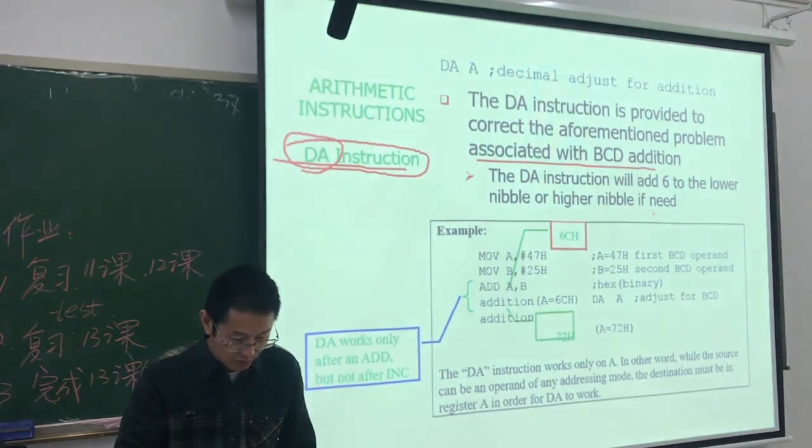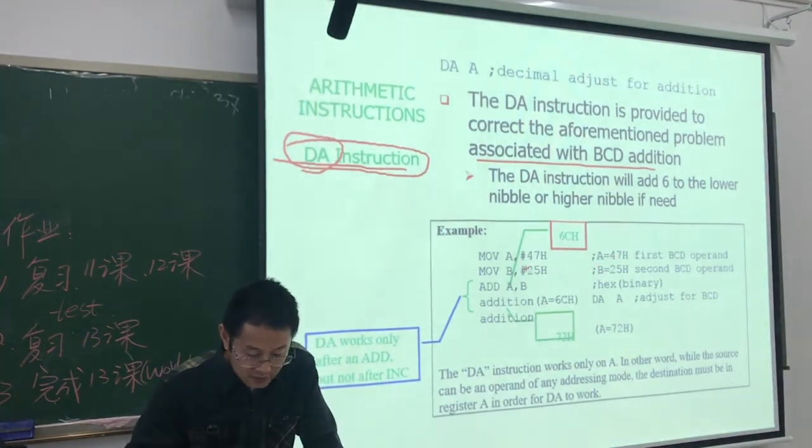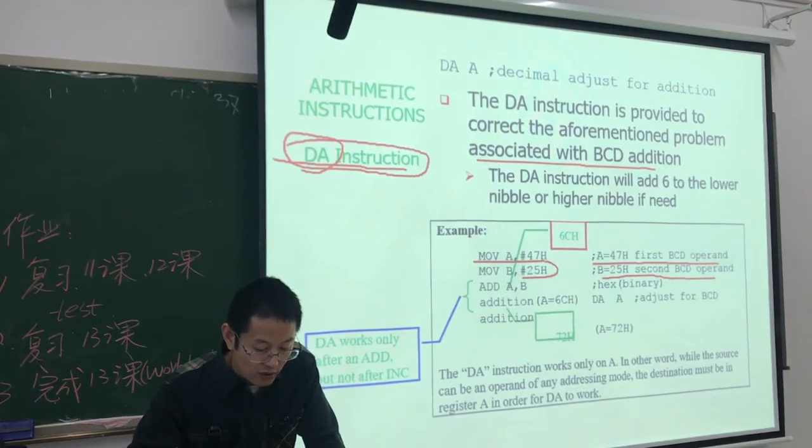And we can see this program. Move A, #47H, the first BCD operand. This is the second BCD operand, 25H. Add A and B. Addition gives A equal to 6CH. DA is just for BCD.